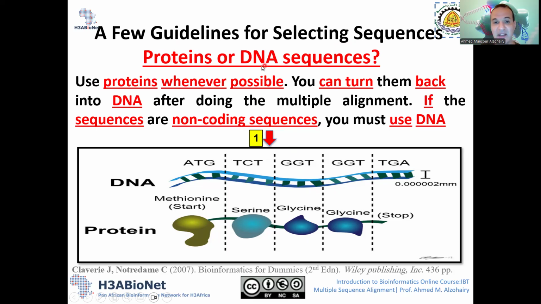I think always stick with protein whenever possible, because you can turn them back into DNA after doing the multiple sequence alignment. So usually it's much better to choose protein. If the sequences are not coding sequences, you must use DNA, of course. And you can do this very simply.